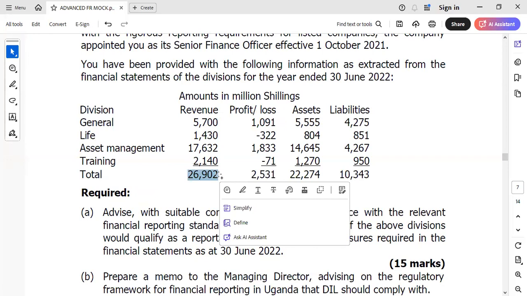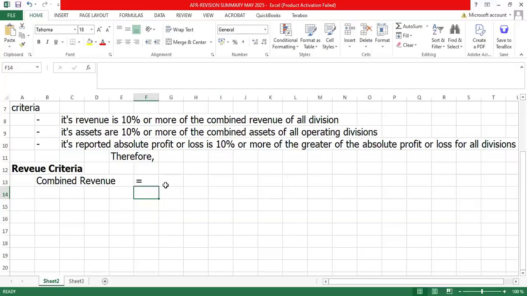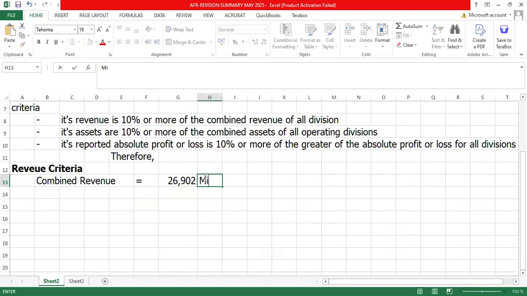So here we are given the combined revenue. This is in millions.